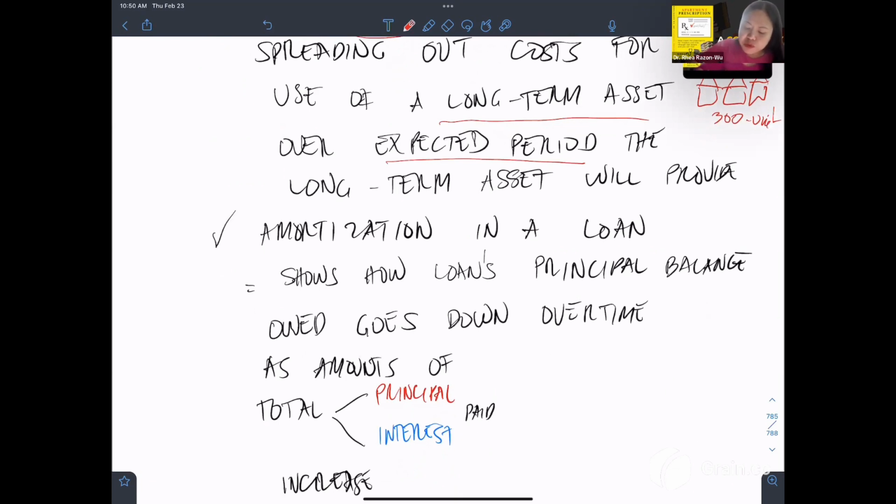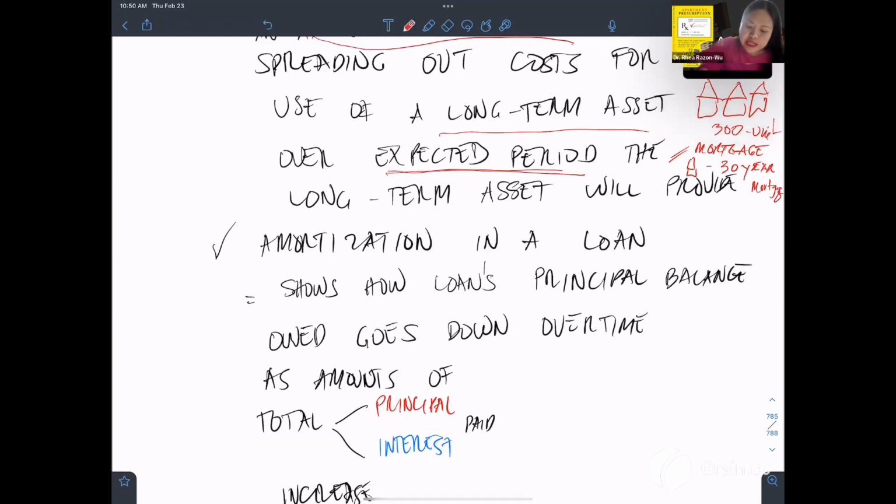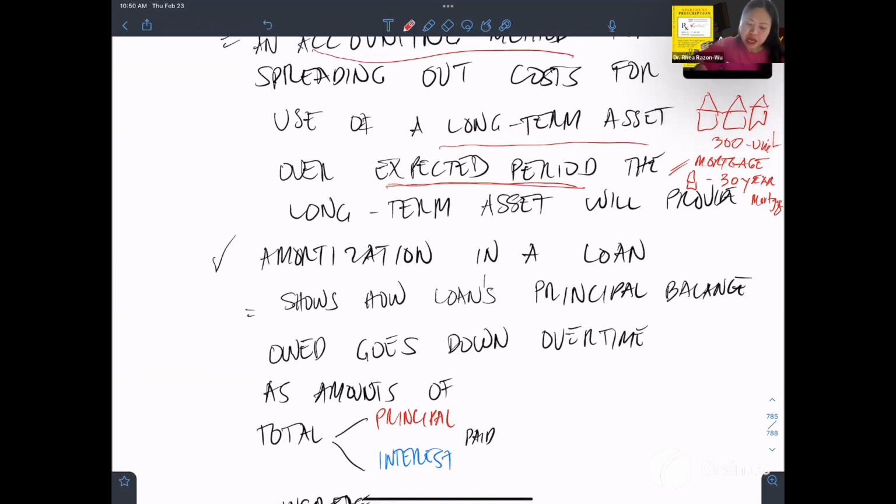A lot of times when we have a mortgage, the mortgage for a single home in America could last you 30 years. You can get a 30-year mortgage. So that's over an expected period the long-term asset will provide. The long-term asset is your home.